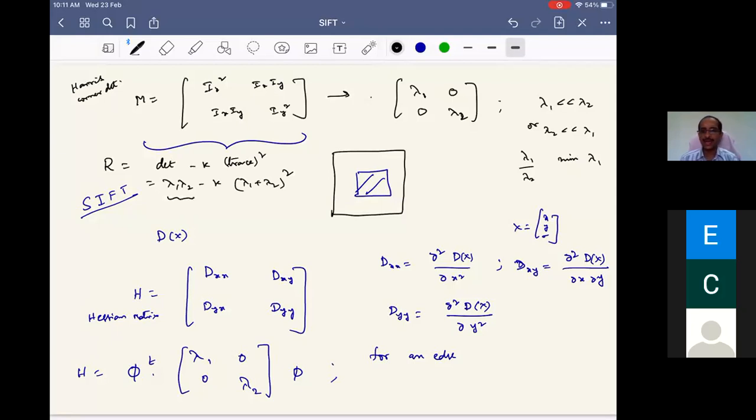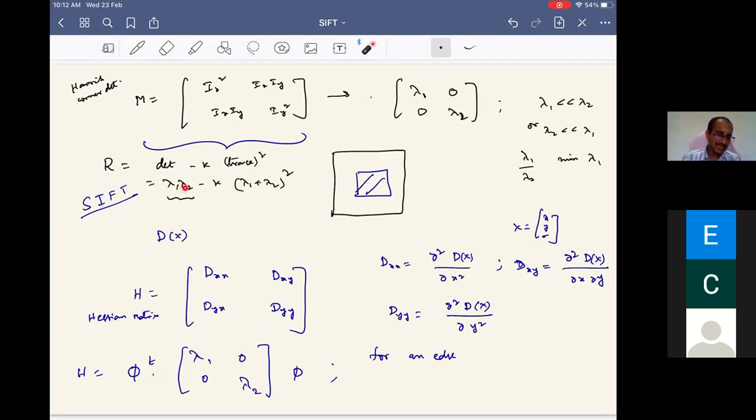Determinant gives the idea that if both eigenvalues are high, then the determinant will be high. And if both eigenvalues are different, then the trace will be high, if one of them is much higher than the other. So if both are similar or both are high, then this will be high and this will be low, not as high as one being very high and the other very low.